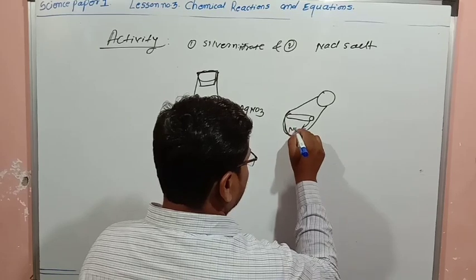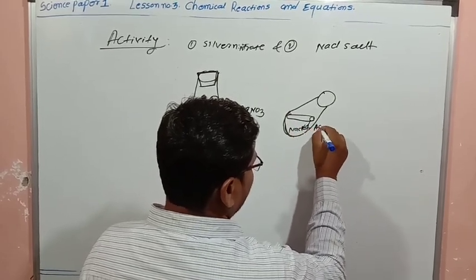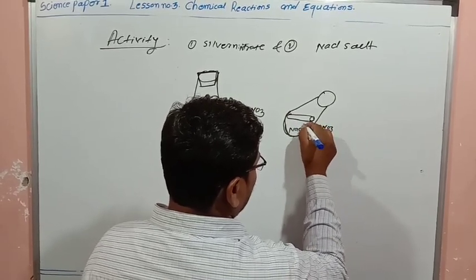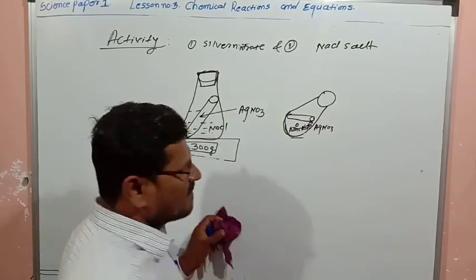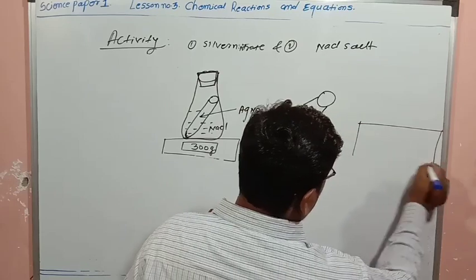So here NaCl is there and AgNO3 is there. Mixing will take place, and after the mixing you have to take the weight again.